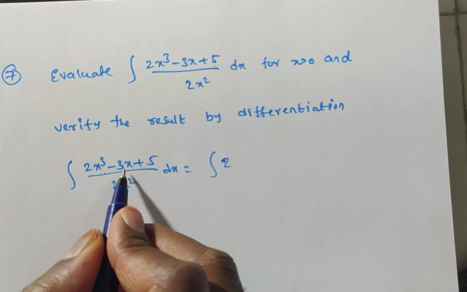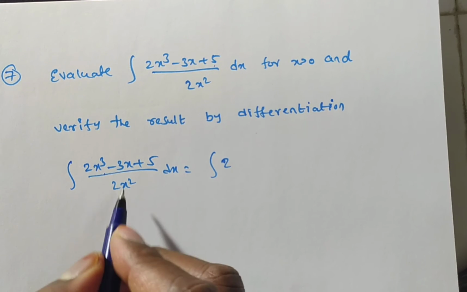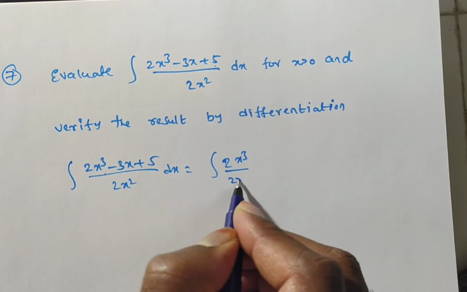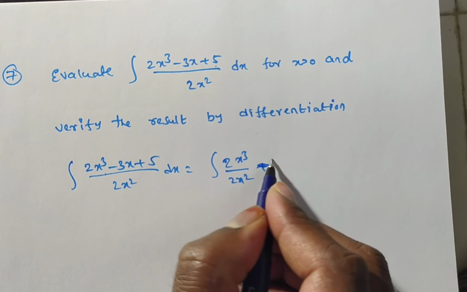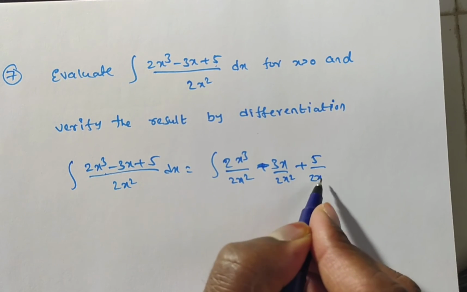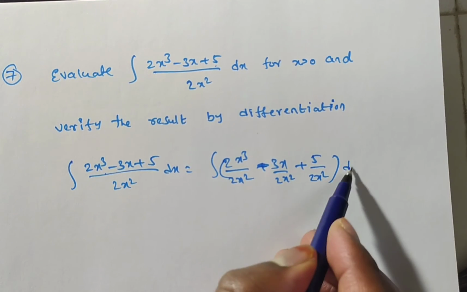as a plus b plus c by d, which I can write as a by d plus b by d plus c by d. So 2x cube by 2x square minus 3x by 2x square plus 5 by 2x square, times dx.